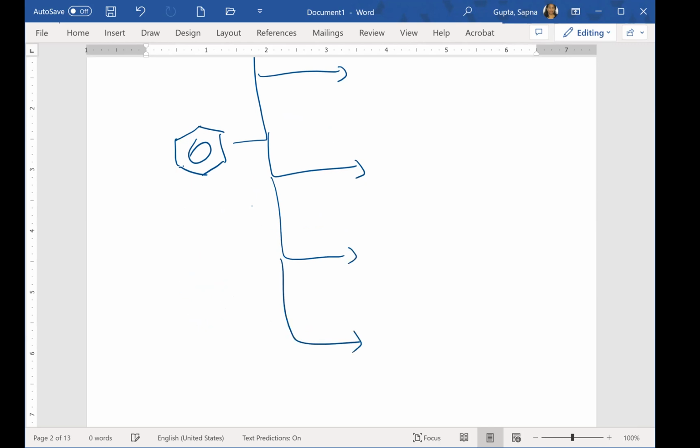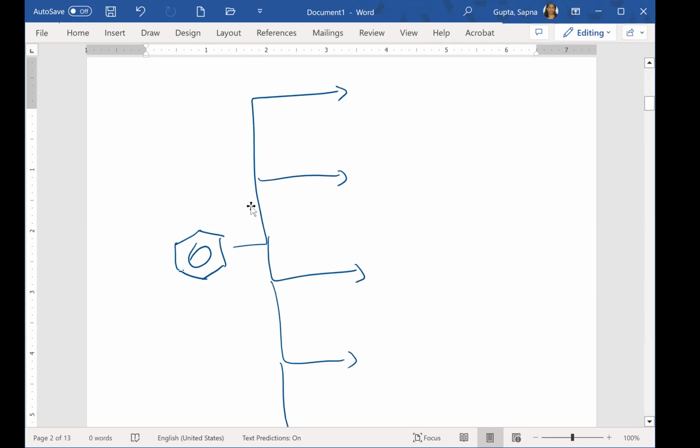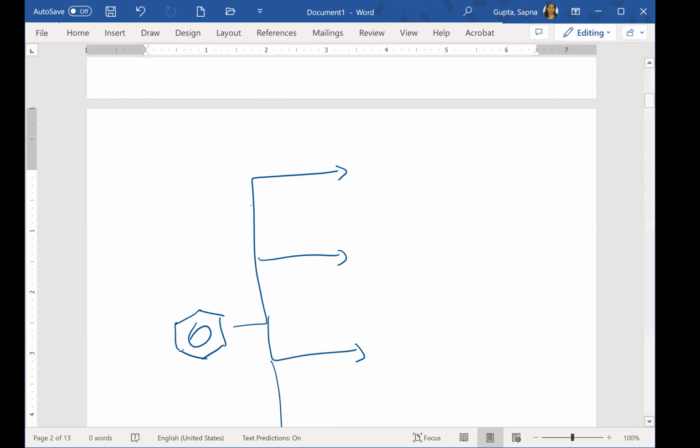I'm just going to use my whole page for this. You don't have to. So the first one is going to be halogenation. That's the reaction I was writing with the bromine. So we'll talk about this. This is called halogenation.